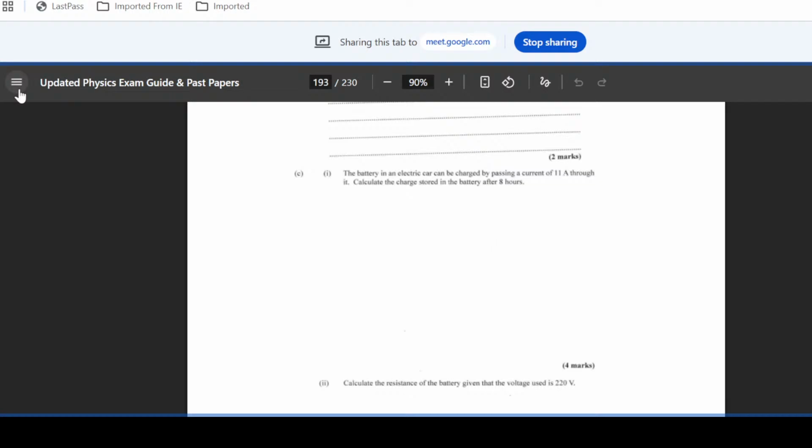You'd use the materials to complete the circuit. You turn on the switch and see if it lights up or not.